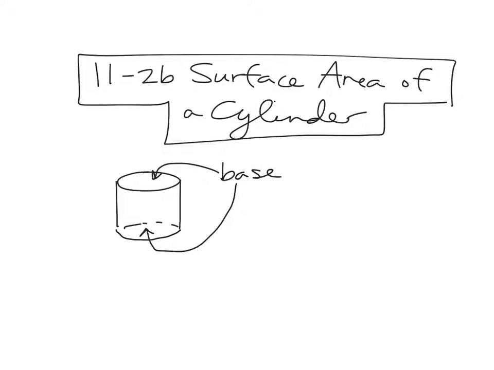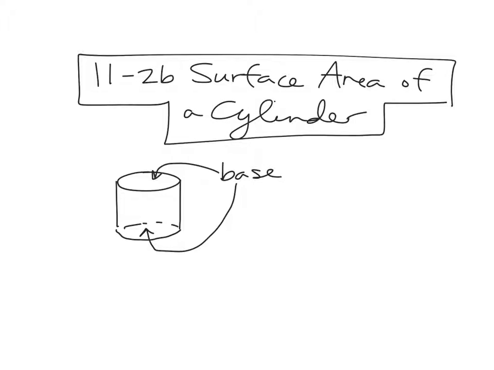If you think about a can of soup, every can of soup has some label. If you took that label off and laid it out flat like a net, what shape would the label be? A rectangle, right?